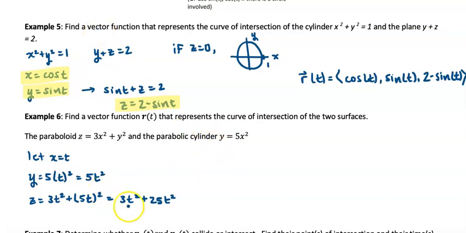So continuing on here, now that we have our x, y, and z components in terms of t, we could just write that vector function r of t being equal to t, 5t squared, and 3t squared plus 25t to the power of 4.